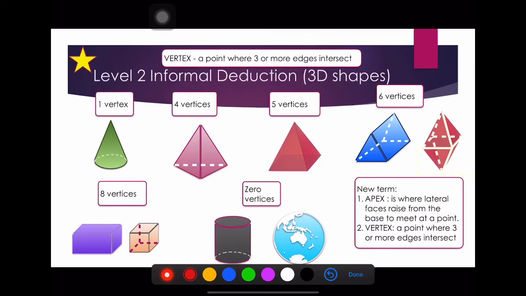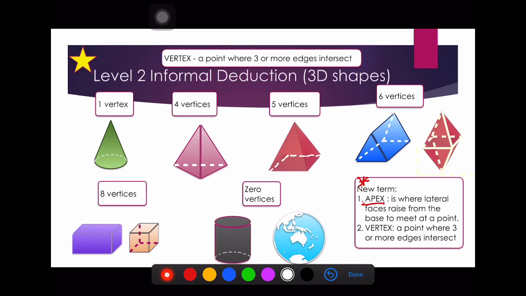Vertex. Let's look at the term first here. We have a new term which in some books they do use, which is apex. Apex is actually where lateral faces rise from the base to meet at a point. Example, a pyramid. For a pyramid, it has a square base here.